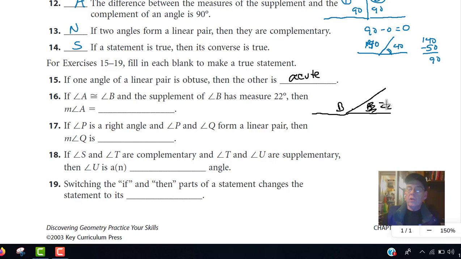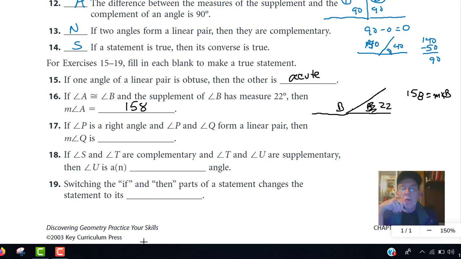So for this one, 180 take away 22 is 158. So the measure of B is 158. So if A is congruent to B, and the supplement of B is 22, then A must be the same thing as B. So A is going to be 158.